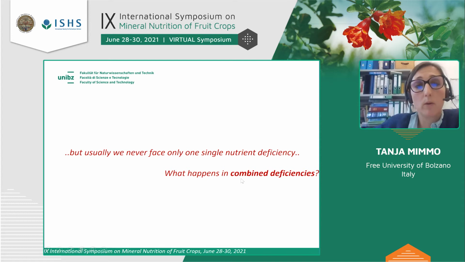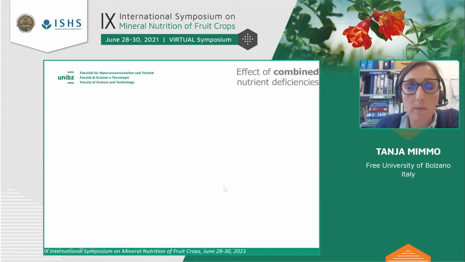But obviously we were still talking only of one deficiency, so of only one nutrient. But in the field, especially in the field, plants face not only one deficiency, but very often combined deficiency. But what actually happens in combined deficiency conditions?